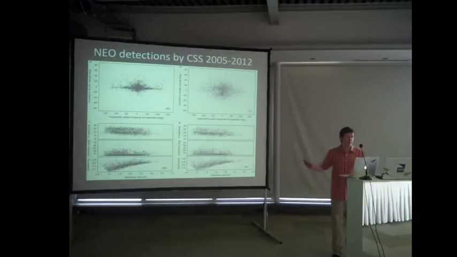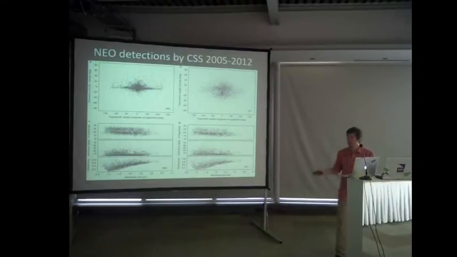On the top panel you see the ecliptic coordinates of detections, and you can clearly see the region on the sky, and also the orbital elements and absolute magnitudes, as you can see on the bottom panel. So you have here the absolute magnitudes, inclinations, and eccentricities as a function of semimajor axis for these two surveys.